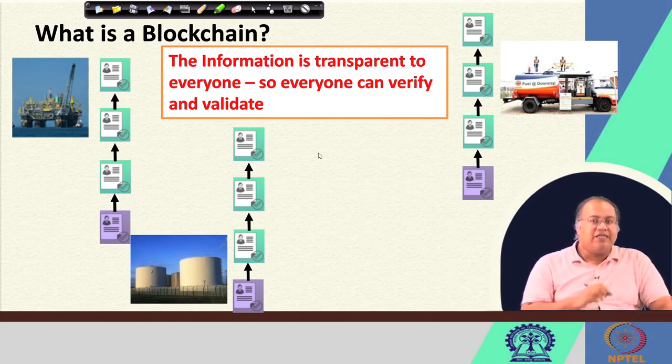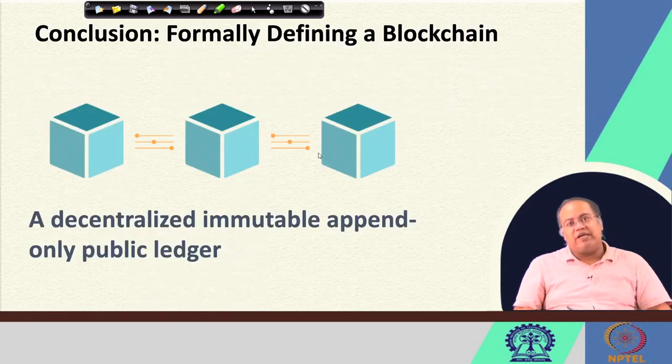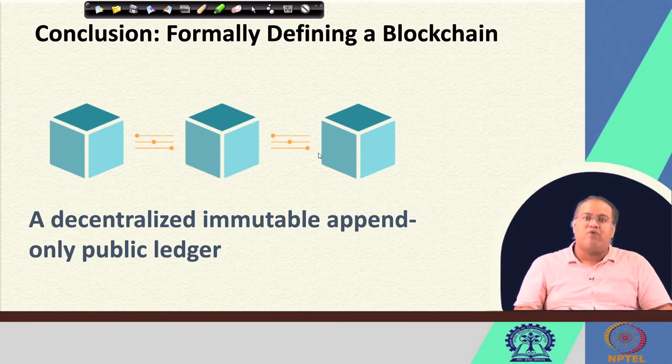Finally, just to conclude, let me tell you a formal definition of blockchain. I can call blockchain a decentralized, immutable, append-only public ledger. Why is it a public ledger? Because everyone maintains their own copy of the blockchain, and whatever information they want to log in the blockchain, they do it publicly, so everyone can see it. That way we call it a public ledger. It is obviously decentralized, since everyone is maintaining their own copy.